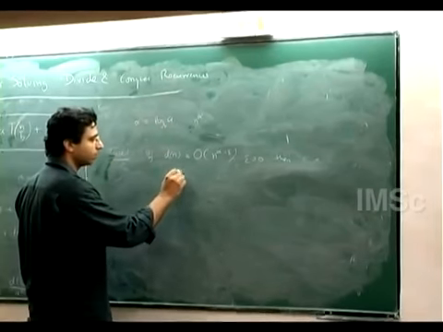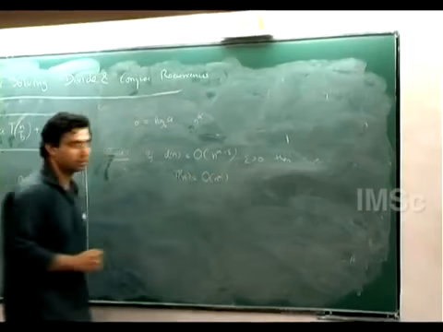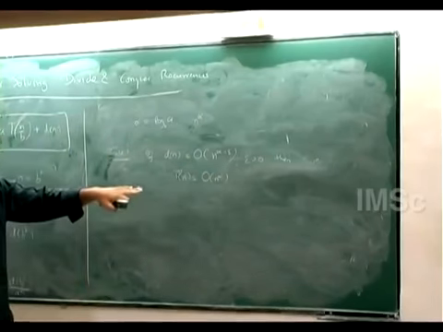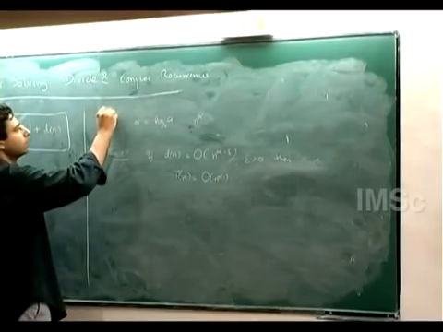So then we know that T of n is, okay, this is the master theorem.